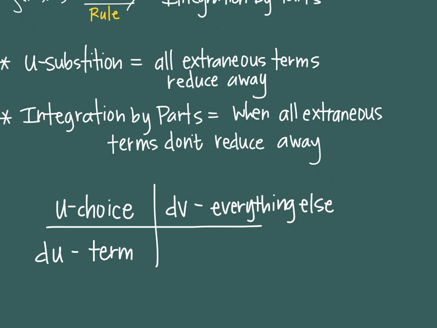Once you have everything else, and again, these problems are designed so that once you know your dv, you can come up with a plain v, which is going to be the antiderivative of your dv term.